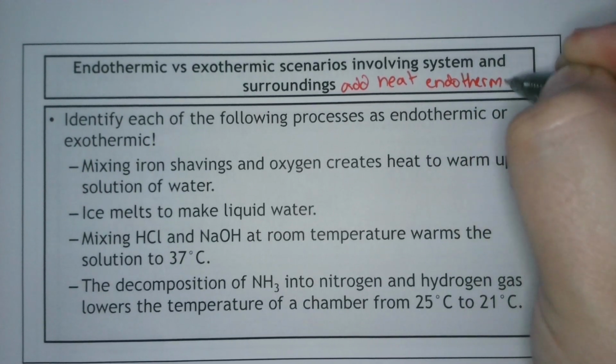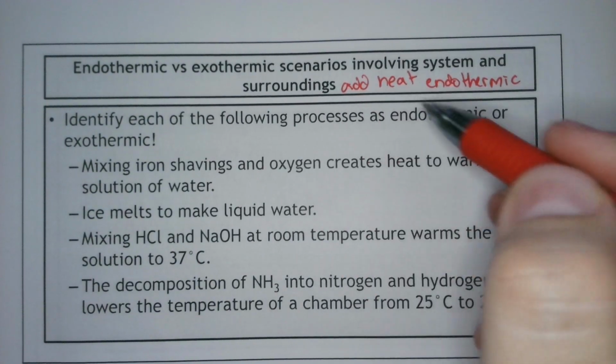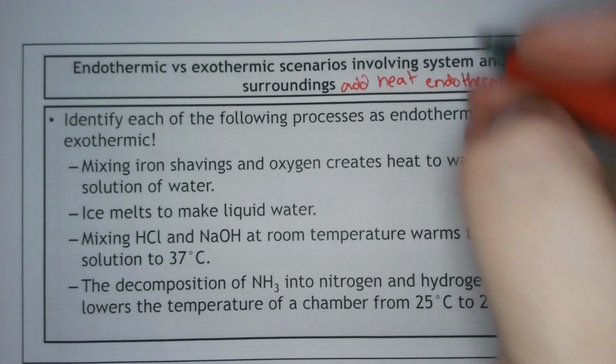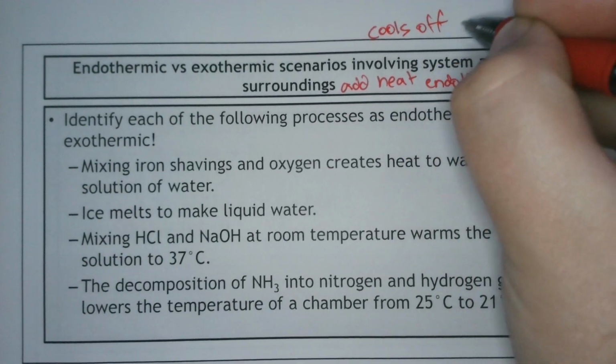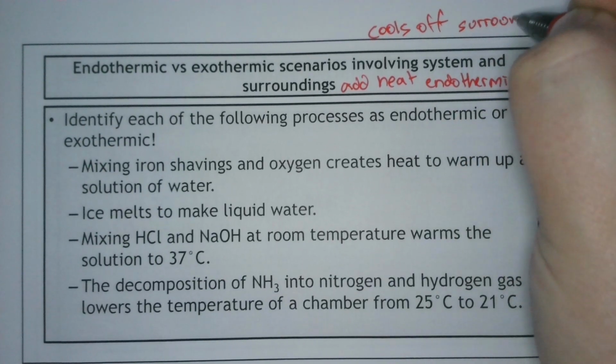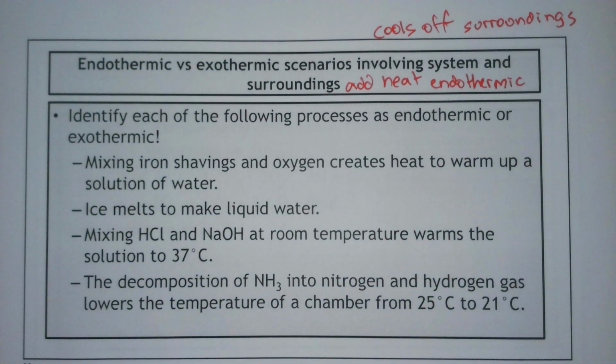And I prefer not to have to think about the word system or surroundings unless necessary. Another way to think about that is if my system cools off the surroundings. If I'm taking heat from my surroundings to warm something up, it's endothermic. So both those are ways to think of an endothermic reaction.